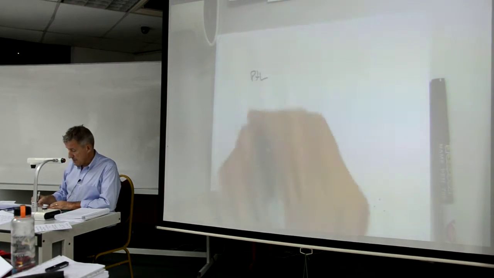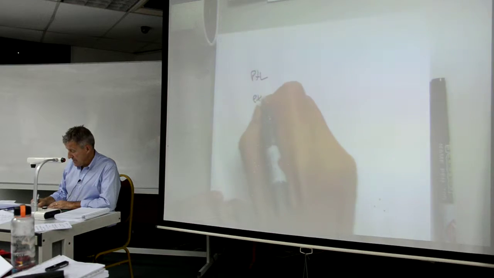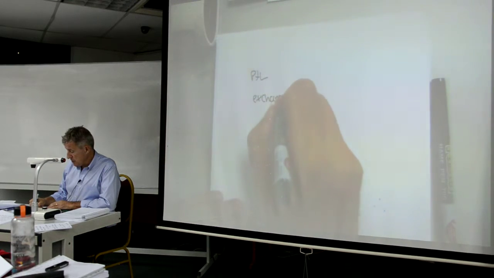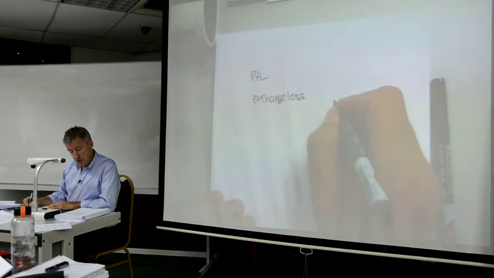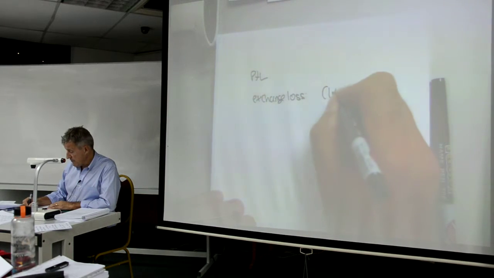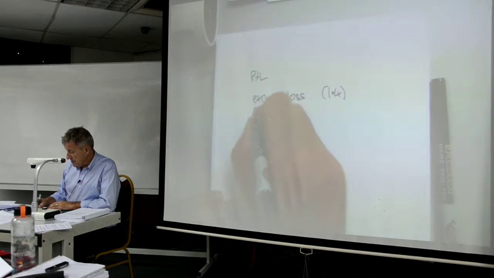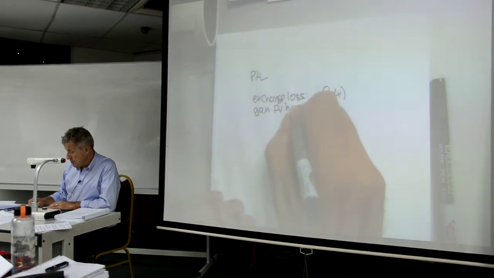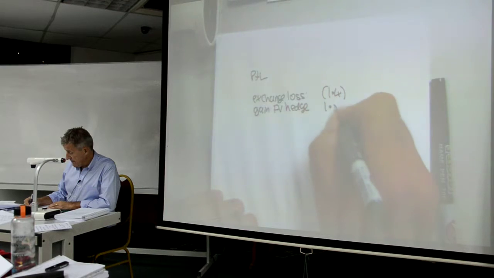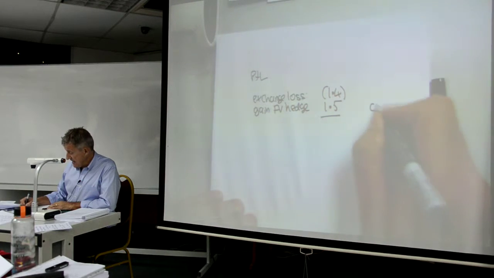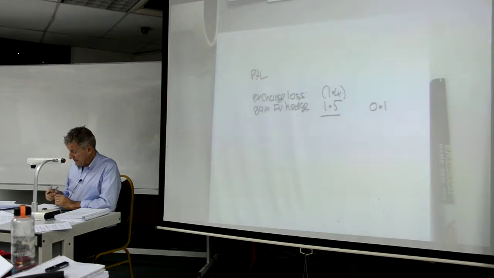You would have an exchange loss of 1.4, but then you would have a gain on the fair value hedge of 1.5, so you would have a net figure there of 0.1.